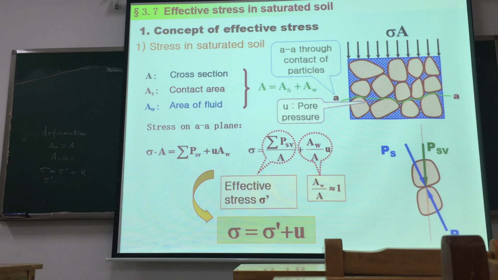So in saturated soil, we use the effective stress to calculate the deformation, the settlement, or the strength of the soil.